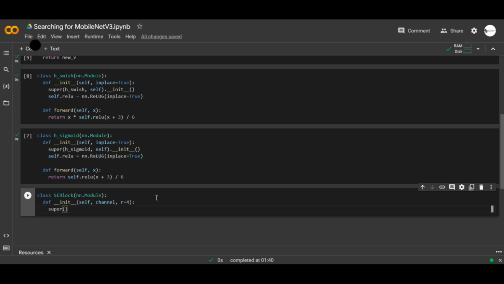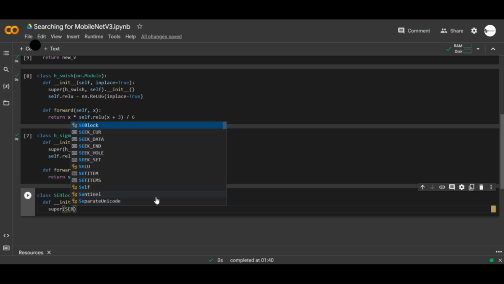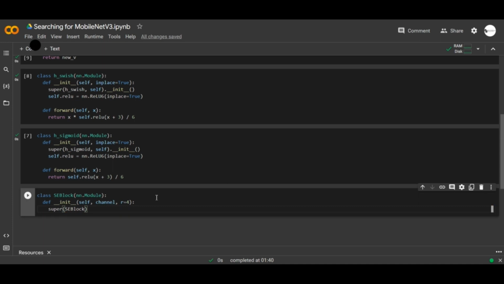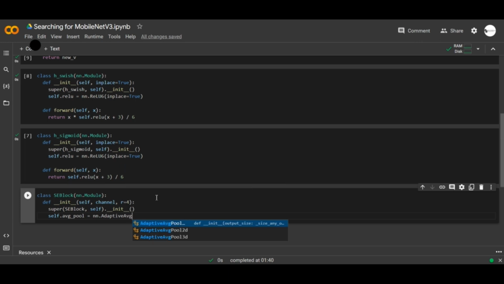So we're going to have a super, then we say block. We take in the self, then we say dot init, like so. Then the first component was the self dot average pool, which is going to be nn dot adaptive average pool 2D, so then it's going to be 1.